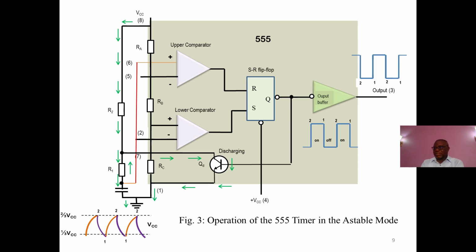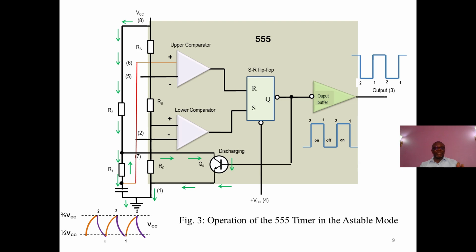When the VCC is switched on, if you follow the green arrow coming down, at the point it is switched on, the trigger, which is pin 2, is at 0 volts because the capacitor is completely discharged.